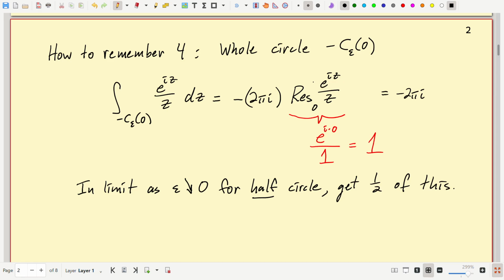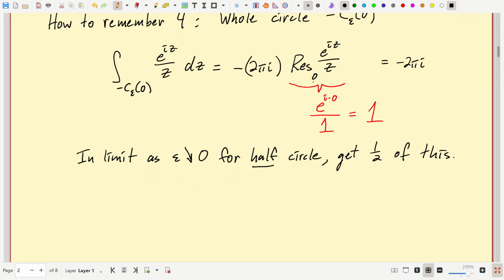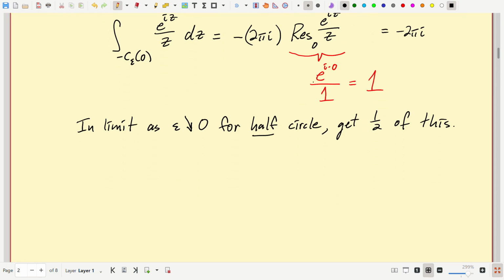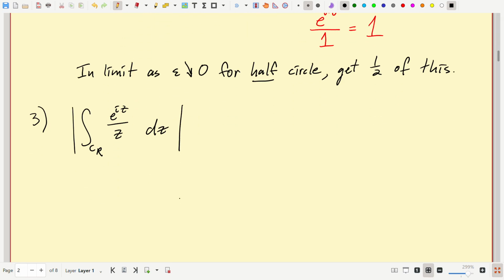Next thing I need to do is the Jordan's lemma part. That was number 3. So let's think about the integral along C sub r of e to the iz over z dz. It's tempting to use the basic estimate for integrals.